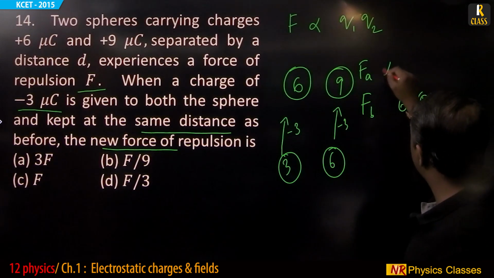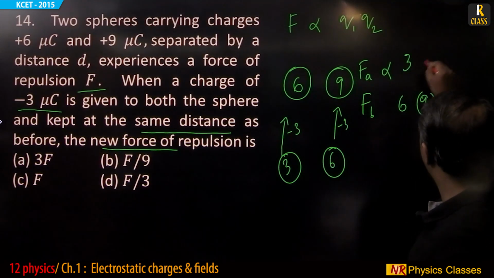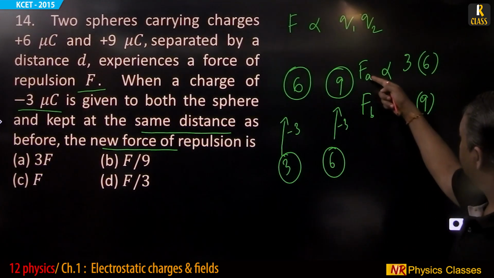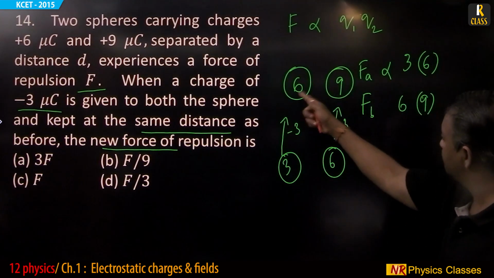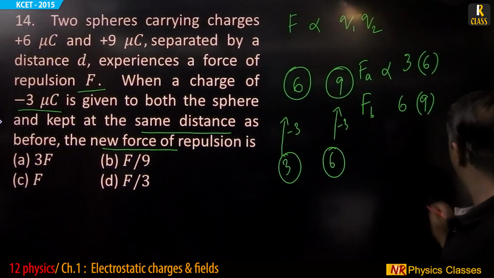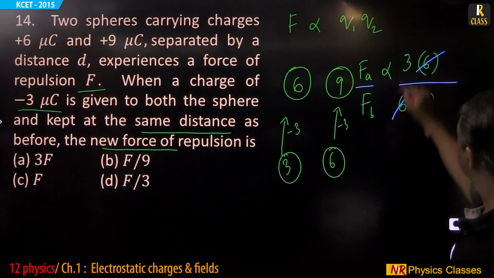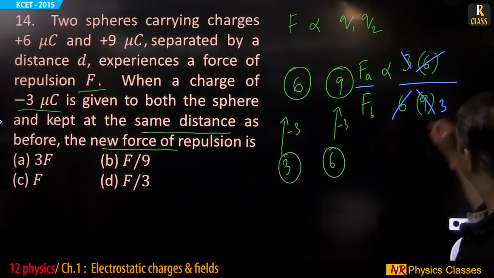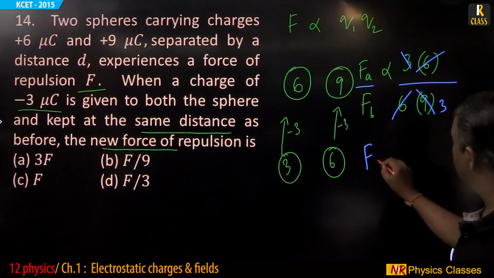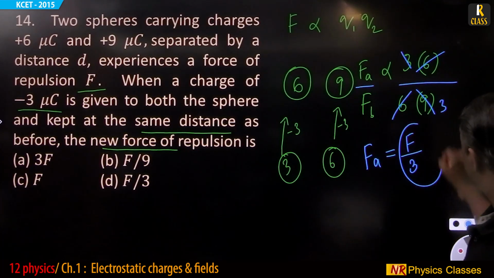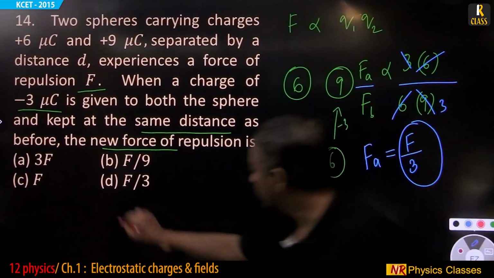Force after is proportional to 3 into 6. See, force after is 3 into 6. Force before is 6 into 9. Divide one by the other. 6, 6, this 1, this 3. So force after or new force is force by 3. F by 3.